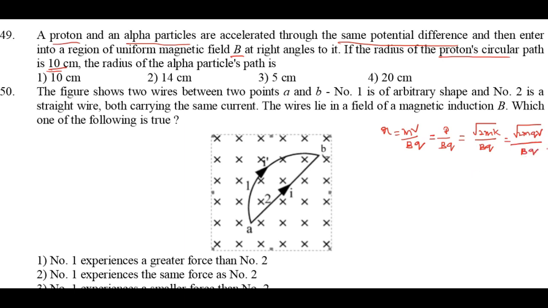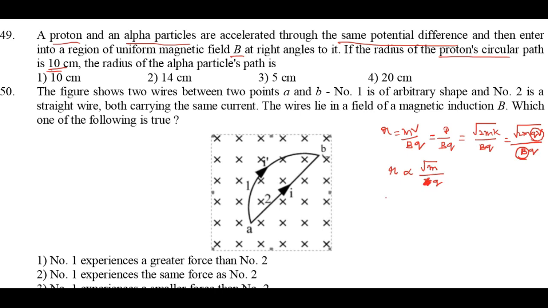Now they have the same potential, so root 2 is constant, and r is directly proportional to root m by q. The magnetic field is also the same.